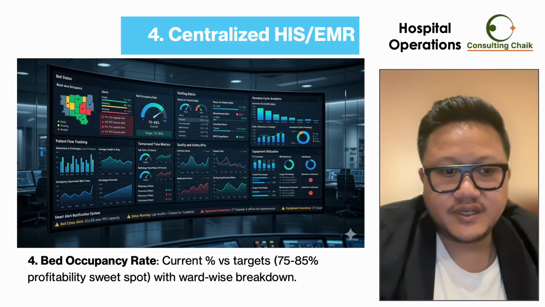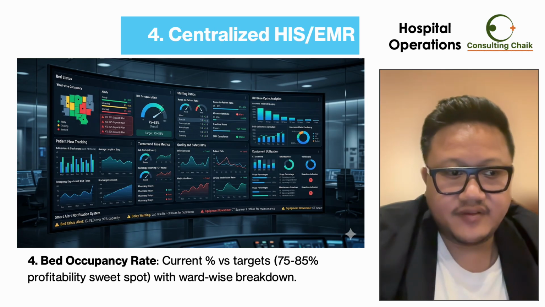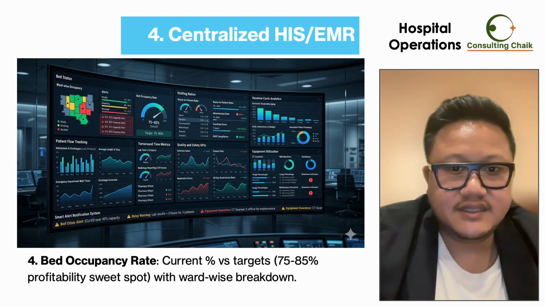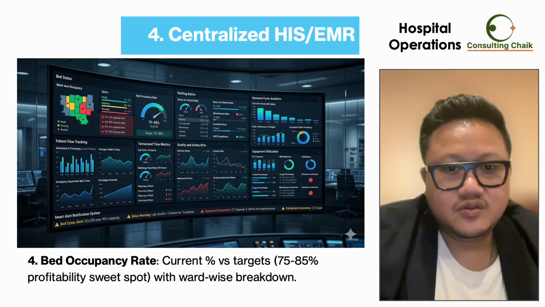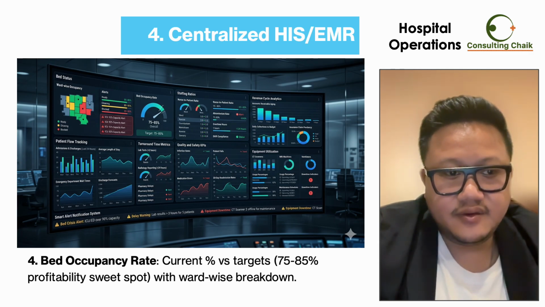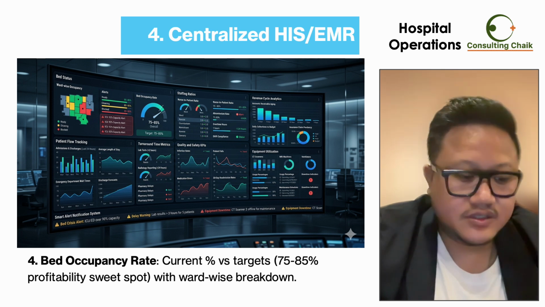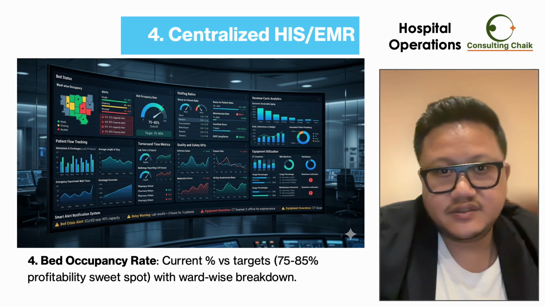Then your bed occupancy rate. Current percentage versus your targets, 75 to 85%, as I said, the sweet spot. You have to try to bring your bed occupancy rate to 75 to 85% through your marketing efforts.